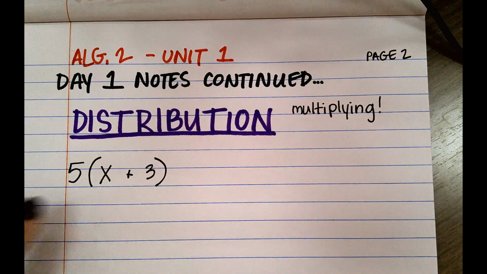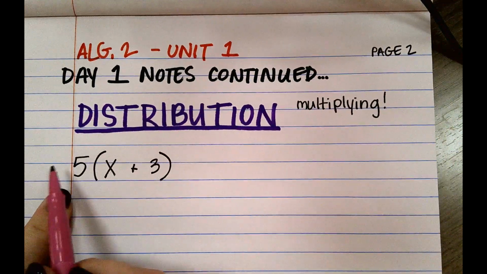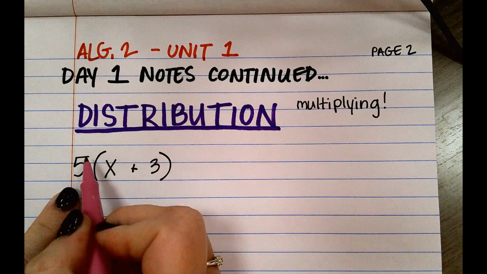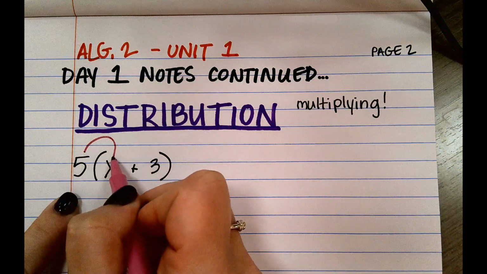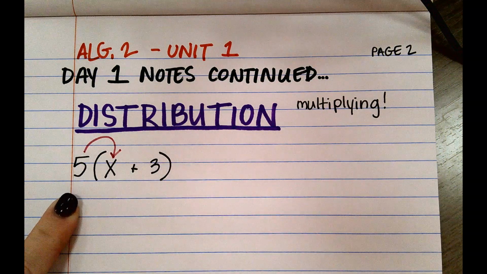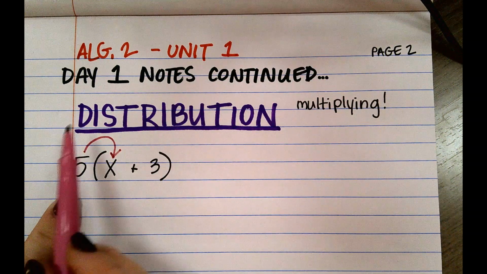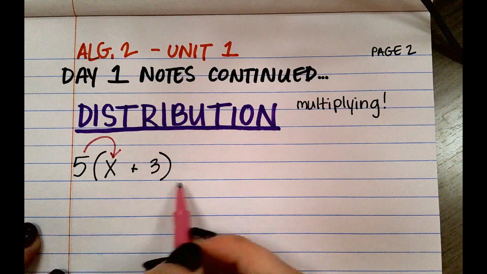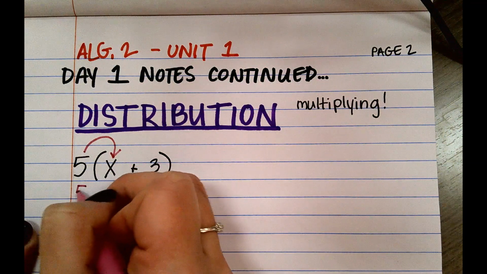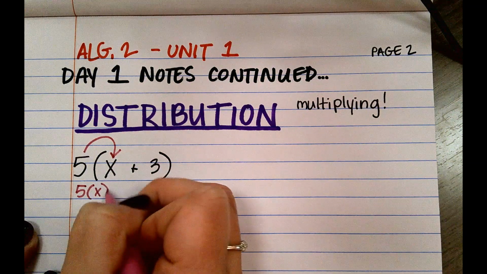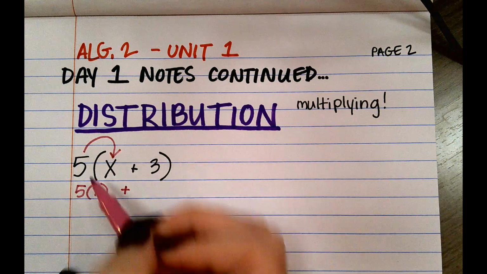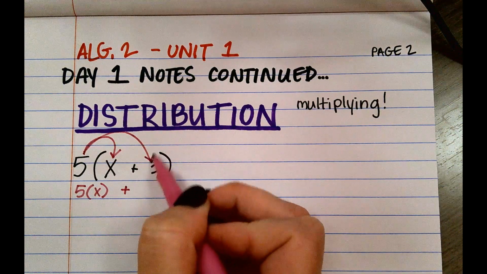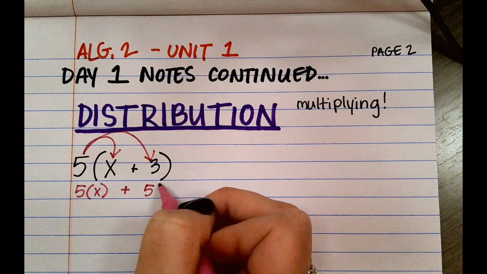With distribution, what I'm really doing here is taking 5 times x, and I like to draw these arrows. This helps me, so it might help you. 5 times x, and I'll bring down that plus sign, plus 5 times 3.